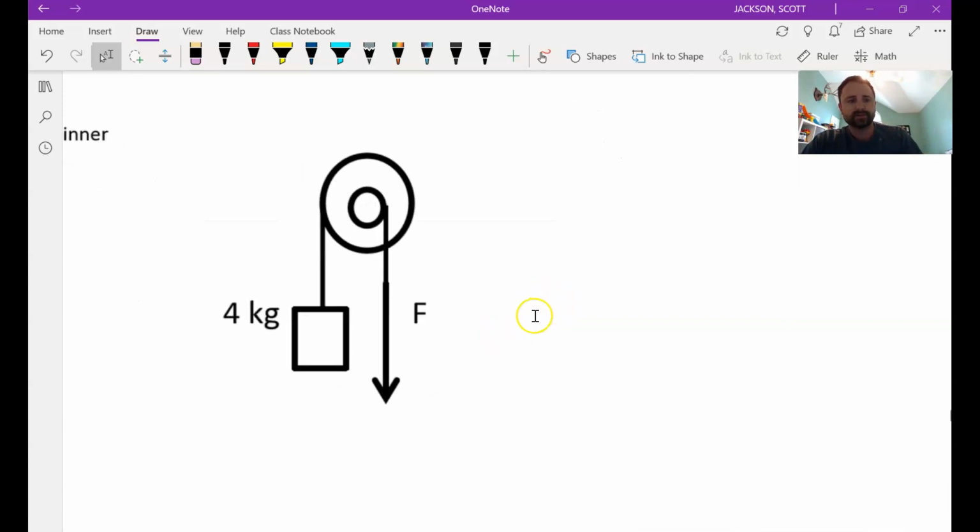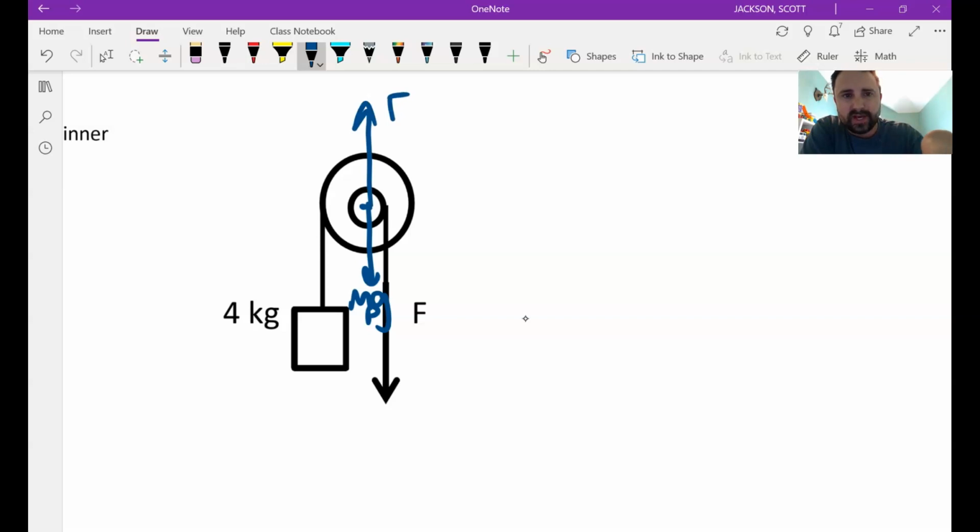Okay. So this is one. You can make the axis of rotation here at the center. Let's do our forces. So I have force of gravity of the pulley. The pin has to be pushing up, force normal of the pin, however that's held in place.